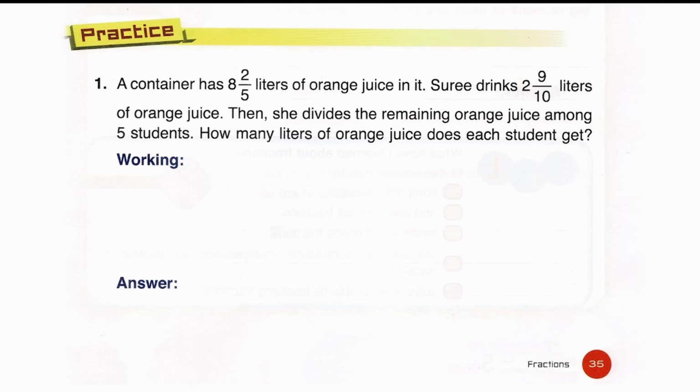Let's look at the numbers. What numbers do we need? Okay, so we have 8 2/5. We have 2 9/10. So first thing we need to do is subtract this from this, because Suri drinks this.